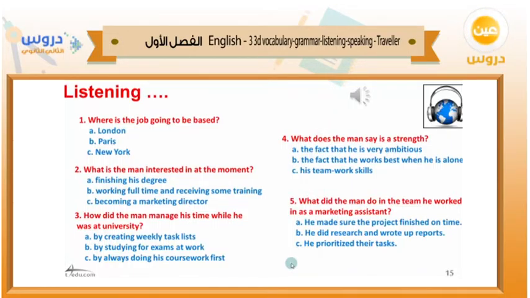3B. Listening and speaking. Listening. Good morning. Please have a seat. Thank you. Would you like a glass of water before we begin? No, thank you. Okay. I'll start by telling you a bit about the company. We are a large organisation with offices in Paris, New York and Los Angeles. Our main office is in London, which is where the position of marketing assistant is based.